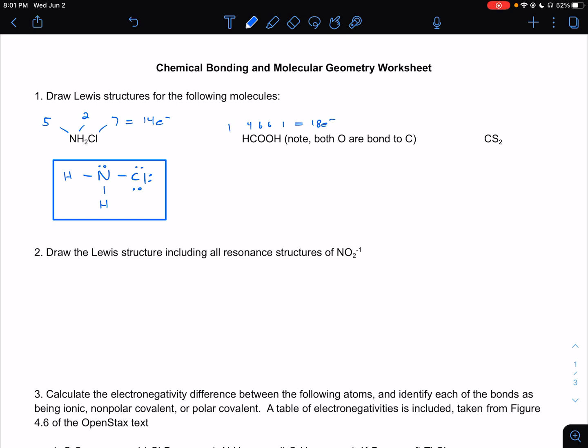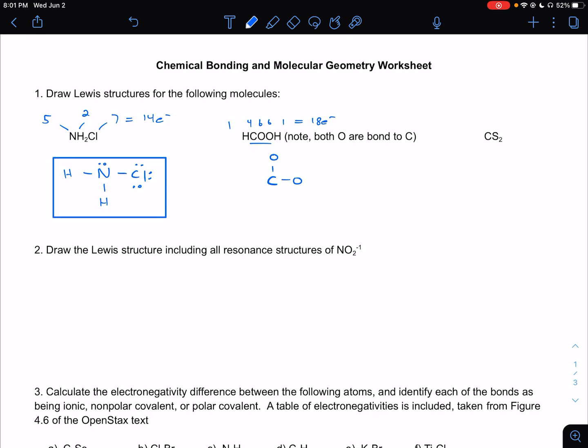And in this case, we're given a little note. Anytime you see the COO, what that really means is C with two oxygens attached. And then this left-hand hydrogen is bonded to carbon, and this other terminal hydrogen is bonded to oxygen.